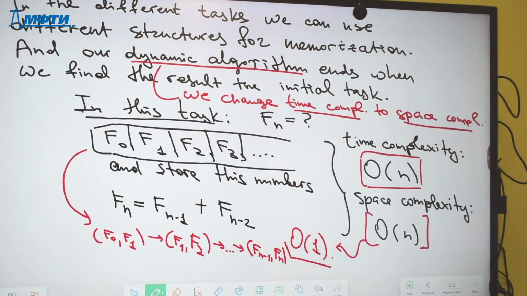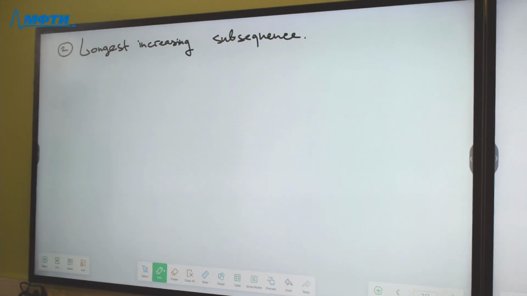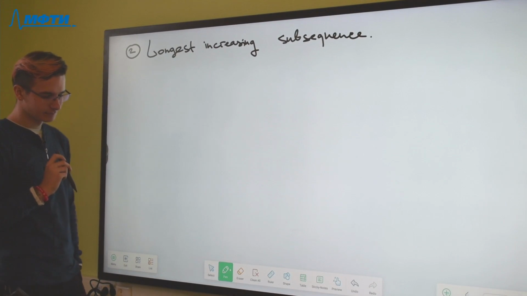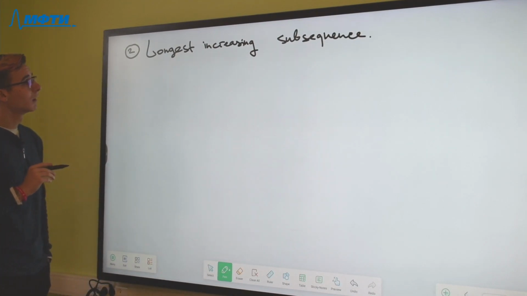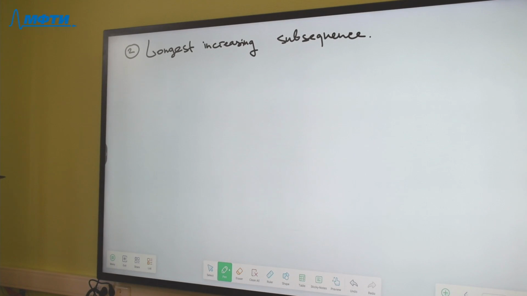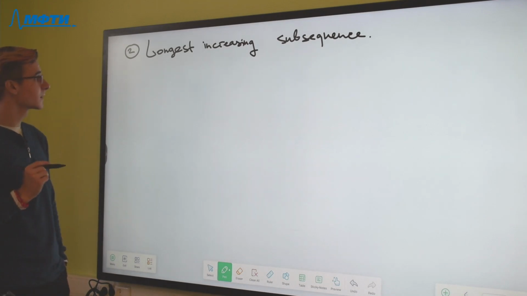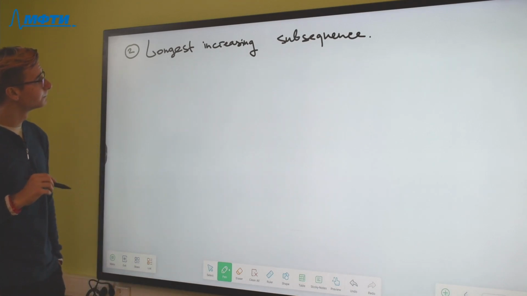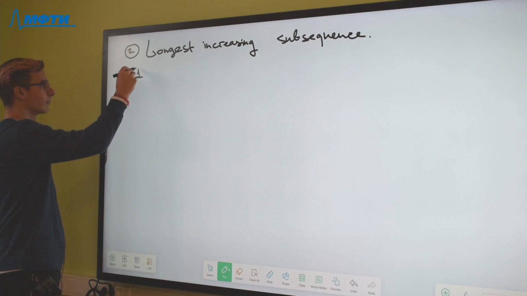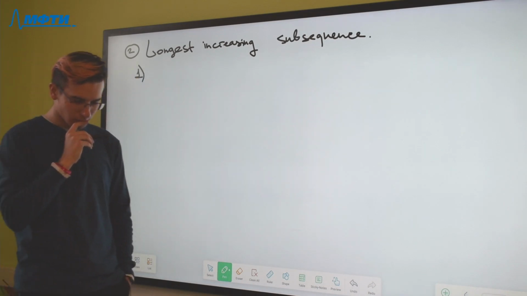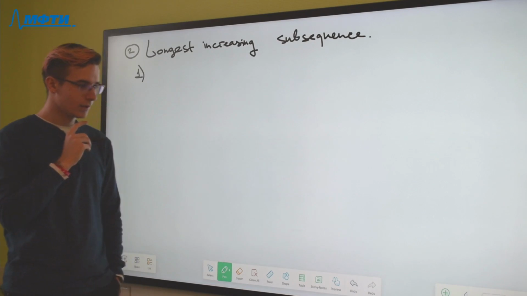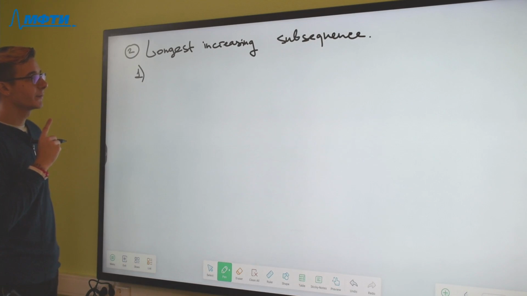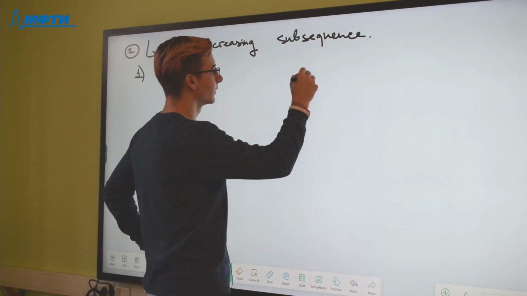So, about the second task, the longest increasing subsequence, it's interesting that there are two tasks that I want to talk about. Firstly, imagine that we have a sequence of integers.